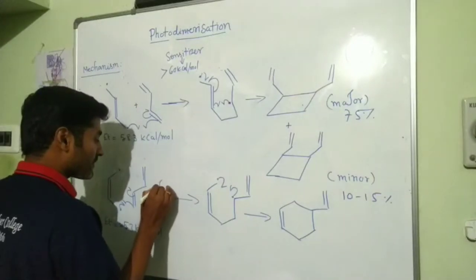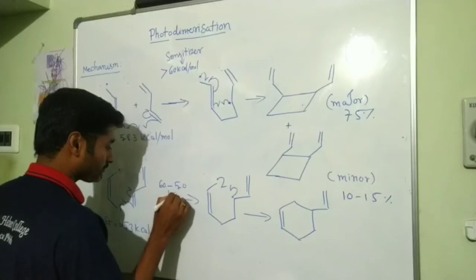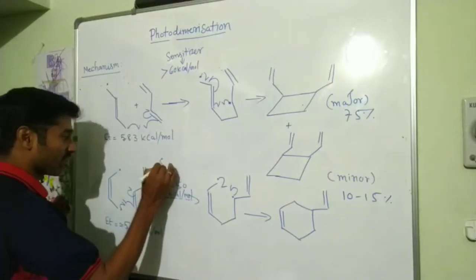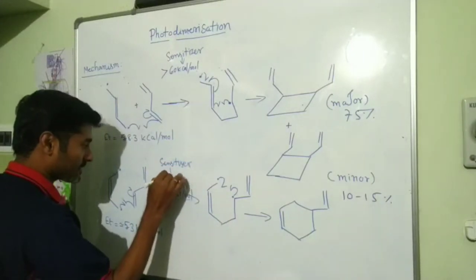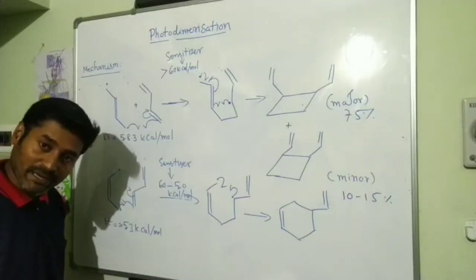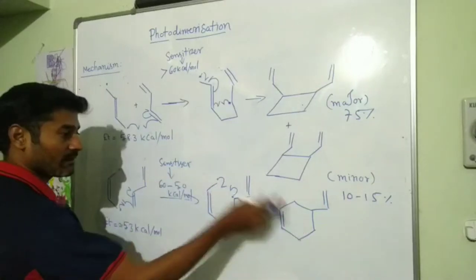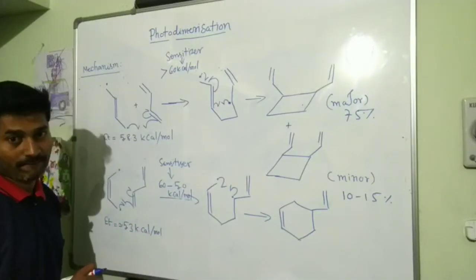If you take a sensitizer with 60 to 50 kilocalorie per mole triplet state energy, then you will get vinyl cyclohexene as the major product.